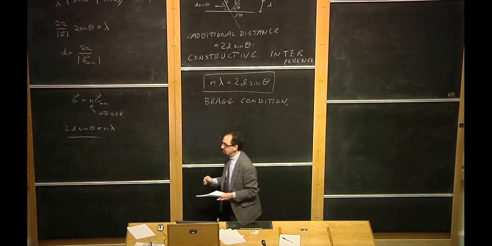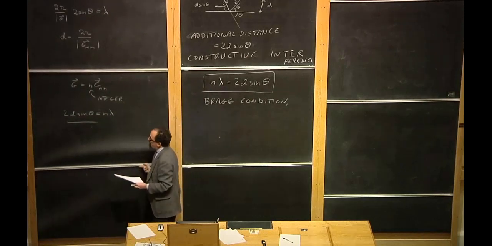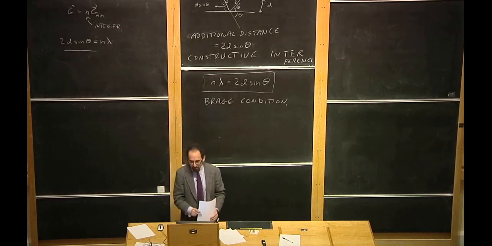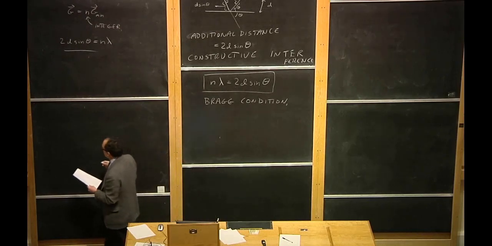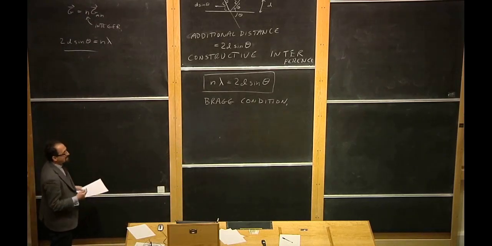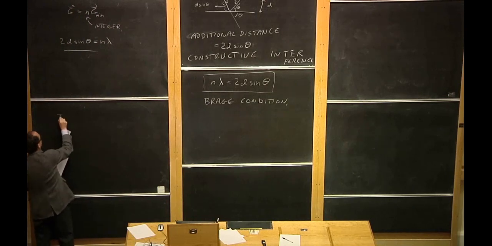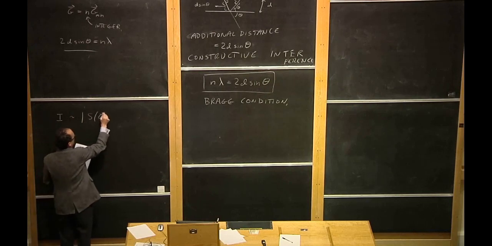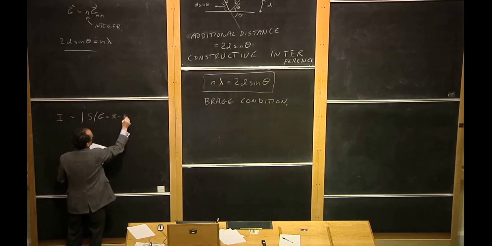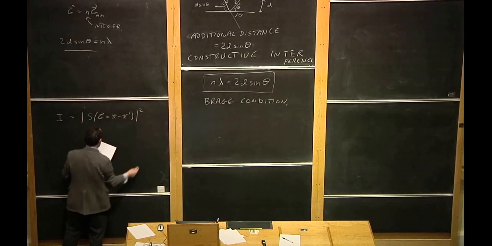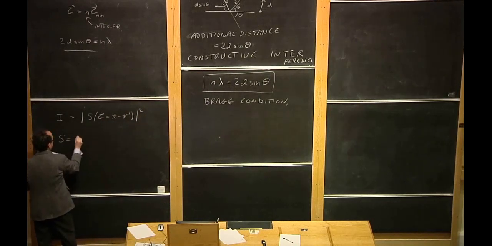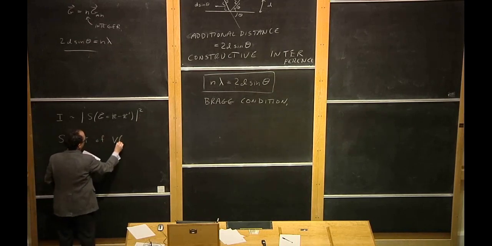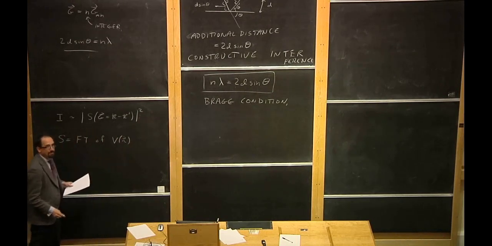Okay? Good? All right. So supposing that we have the Bragg condition or the Laue condition satisfied, one of the things we derived last time was that the intensity of scattering is proportional to the structure factor at G equals k minus k prime, squared, where the structure factor S equals the Fourier transform of the scattering potential, V of r. Does that sound familiar from last lecture?